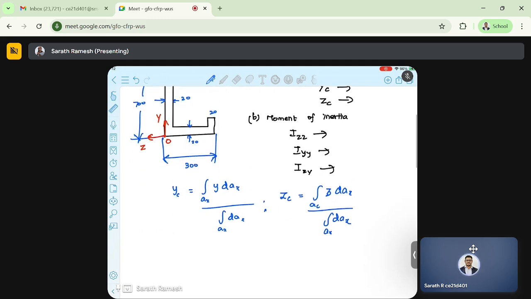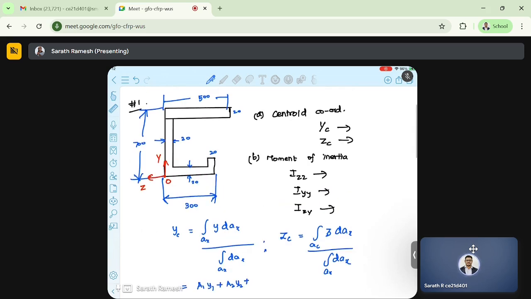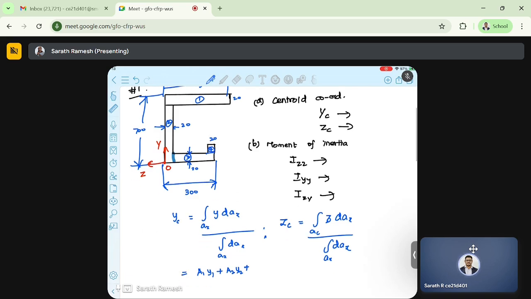Now this tells us A1 y1 plus A2 y2 plus, and how many sections do we have here? I'm going to consider this as one section and this as one section, so 1, 2, 3, 4. We have four sections.